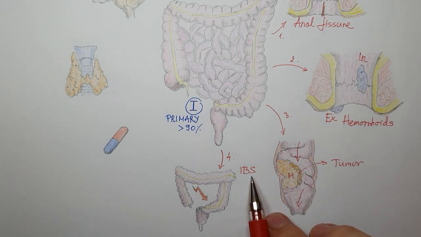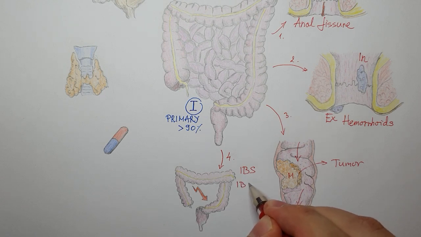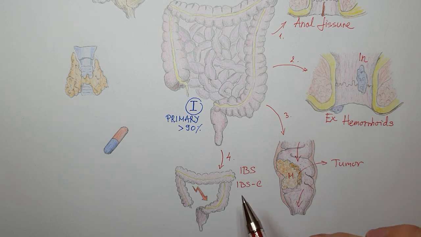In irritable bowel syndrome, we have many symptoms, but there is a form of irritable bowel syndrome where the dominant symptom is constipation. There are other symptoms, but constipation is the dominant one. So it is also important to know that there is a disease very similar to primary constipation.